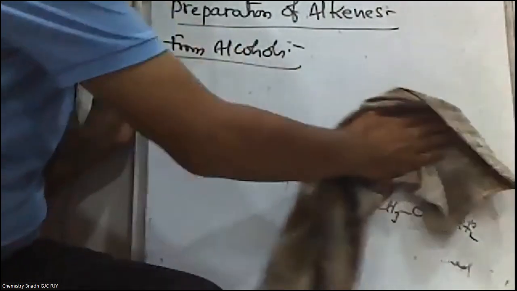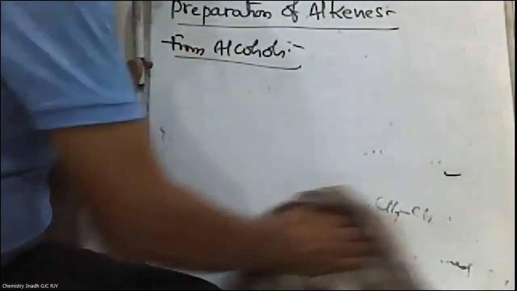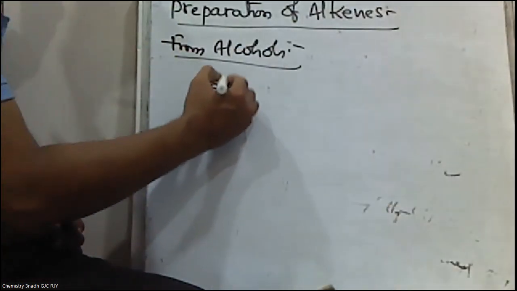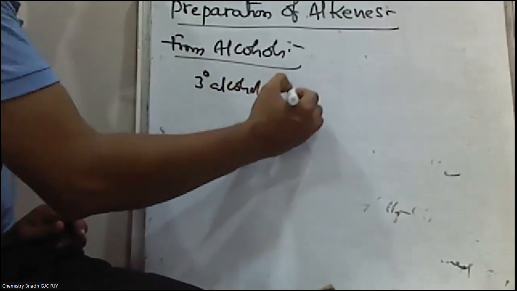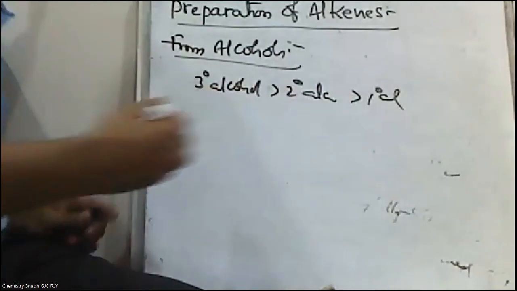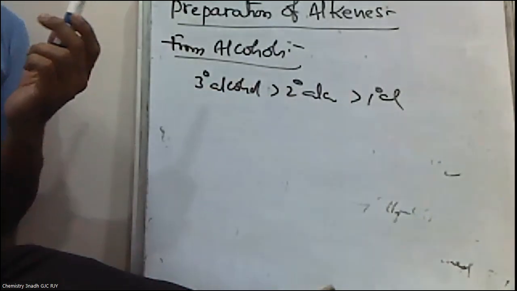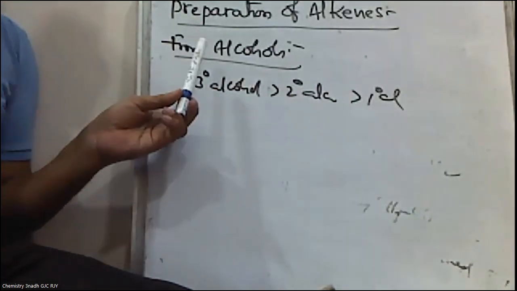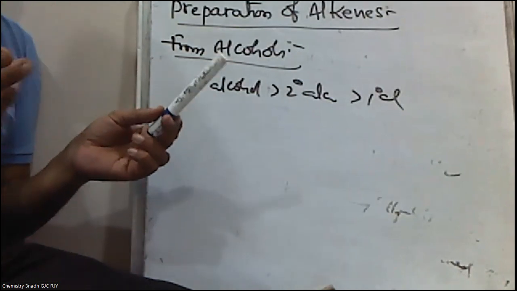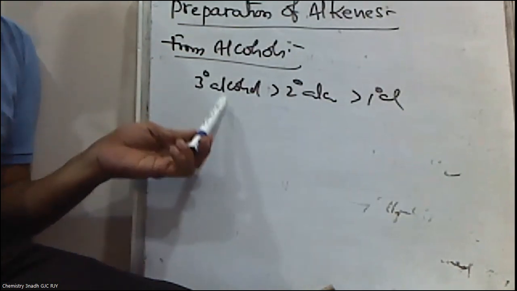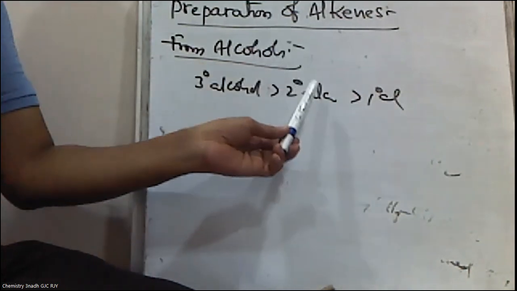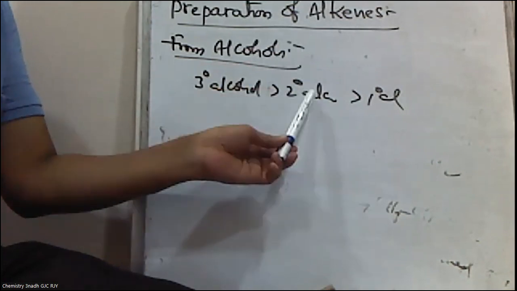Here, among the given alcohols, tertiary alcohols are more reactive than secondary, which are more reactive than primary alcohols. Similar to what I told you for alkyl halides, if the OH group is attached to a tertiary carbon, those are called tertiary alcohols. If attached to a secondary carbon, secondary alcohols.